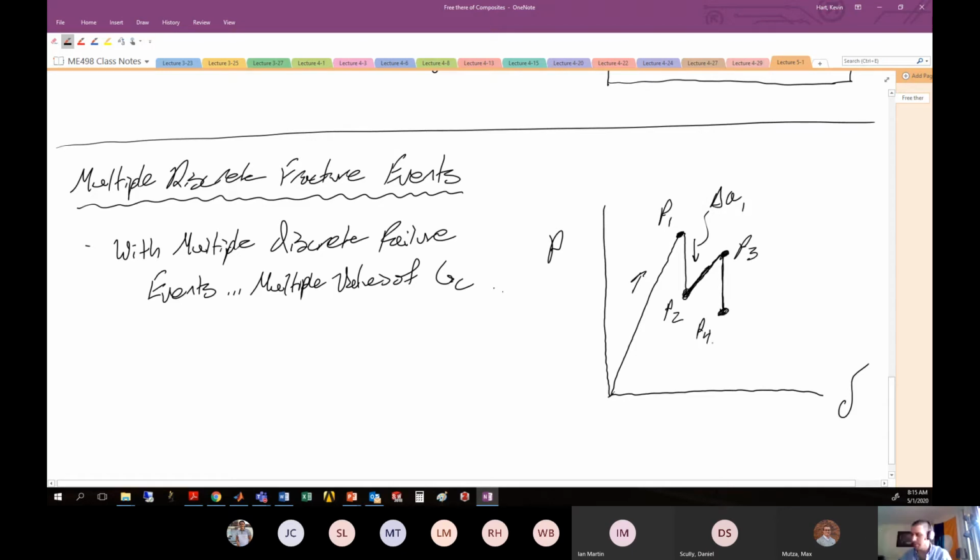You can call it whatever you want. And here's our next event, delta A2. Continue loading, continue loading. I'm running out of space here, trying to fit a lot in here. Continue loading, another fracture event. Continue loading, another fracture event, and then finally, all right, we're done. We've seen enough.